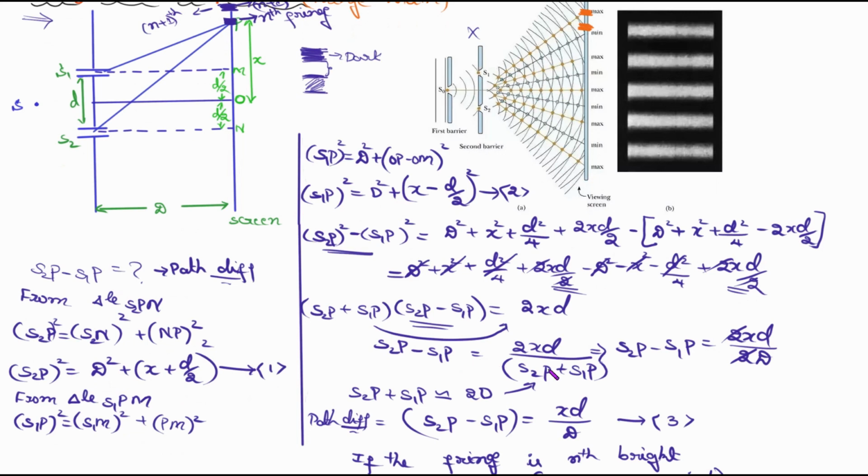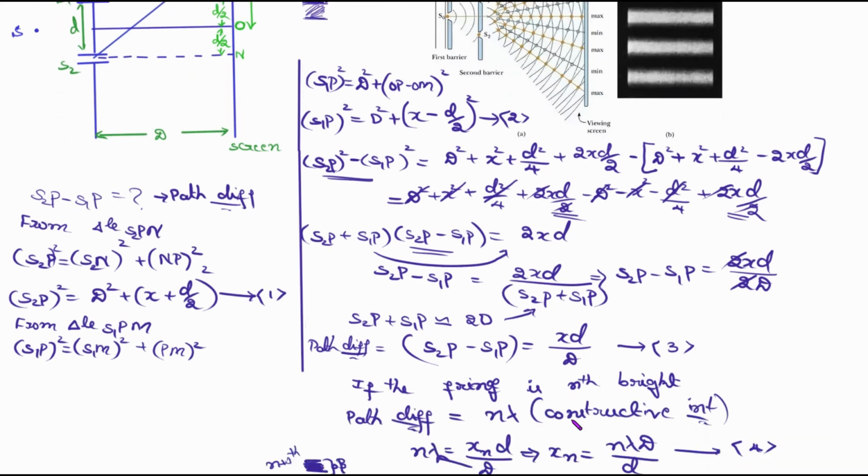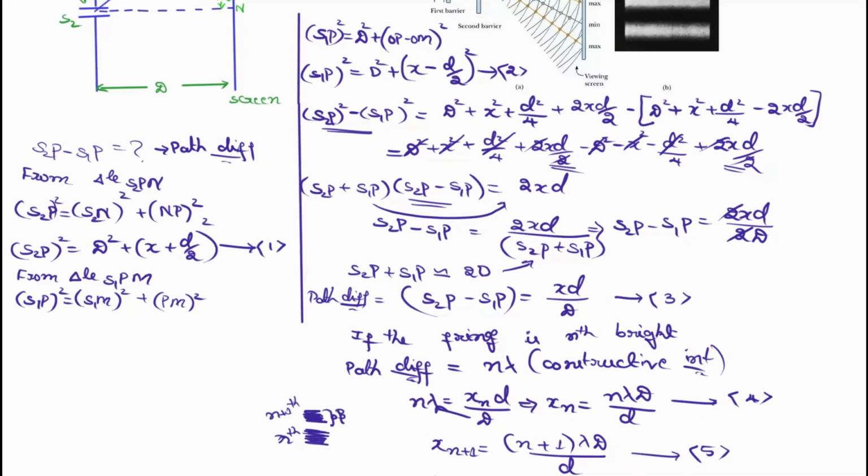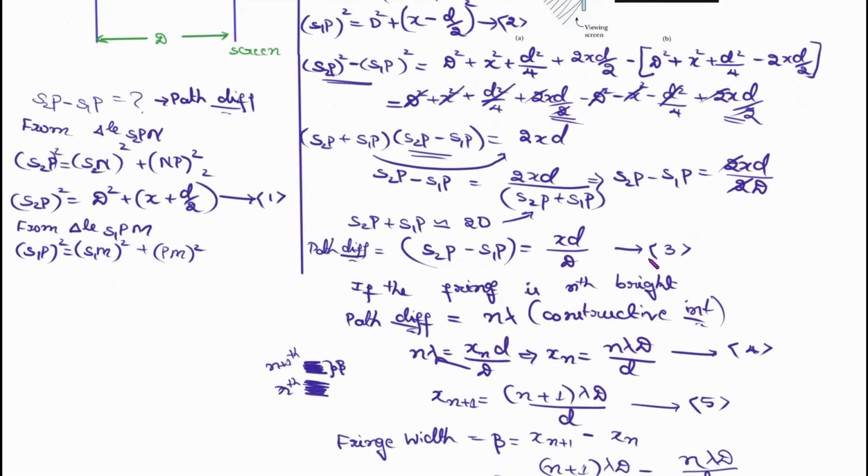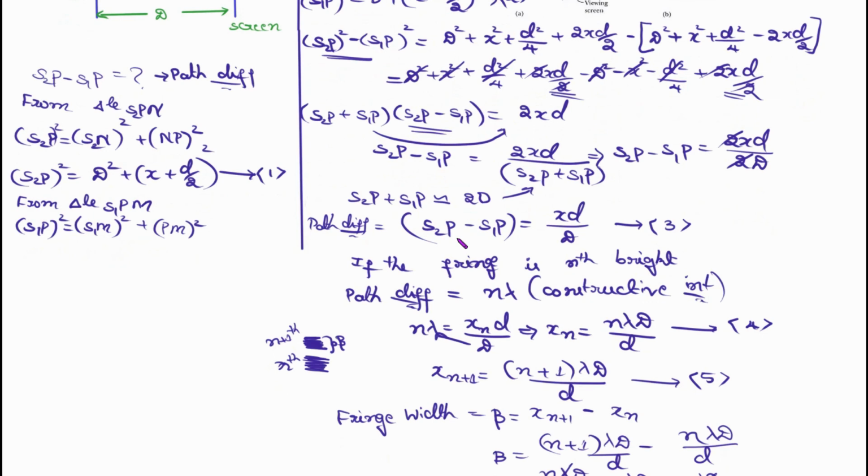Okay, here S2P plus S1P, you have to write by experimental results. Young found that the value of S2P plus S1P is equal to 2 capital D. Substituting this in it, 2 will get cancelled with each other and you will have xd by D. After this, this S2P minus S1P value, you call it equation number 3.